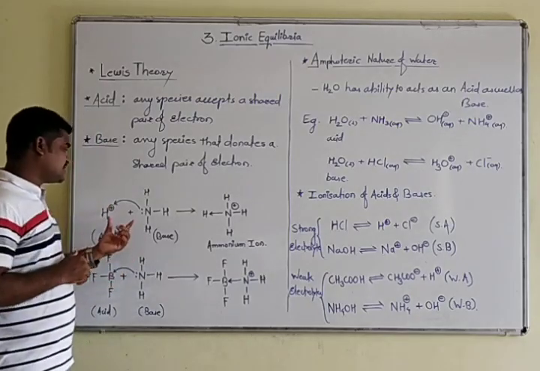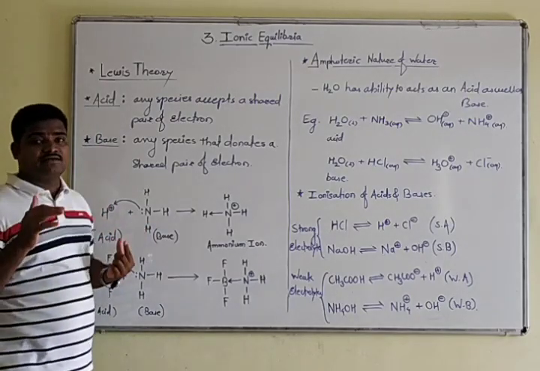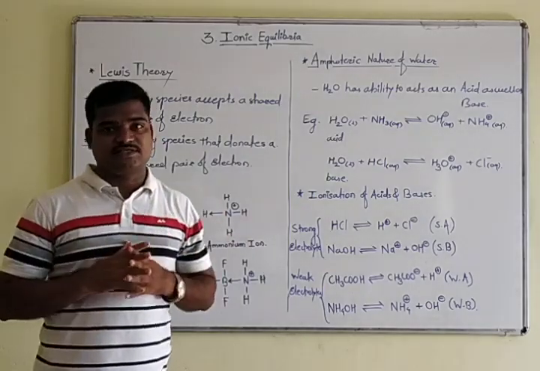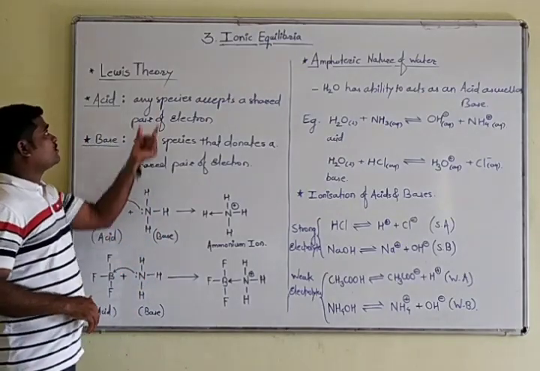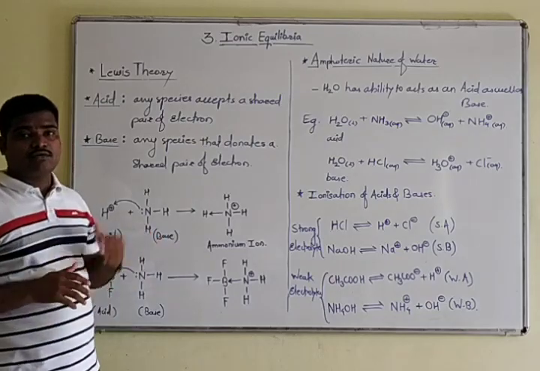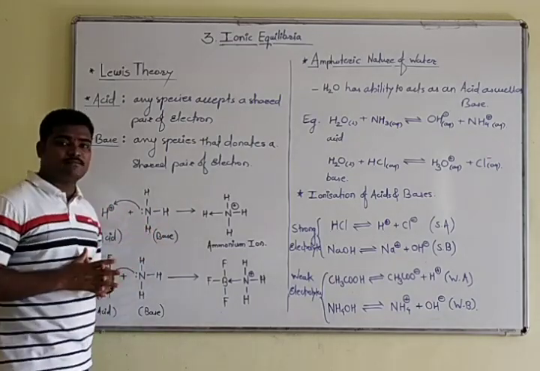Now which one is the acid here? H plus becomes the acid. Why? It accepted an electron pair from the other species. Therefore, H plus acts as an acid according to Lewis's concept, and NH3 becomes a base according to Lewis's concept. So this is the case for the first example.